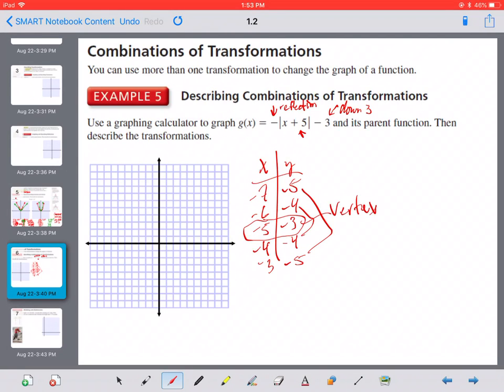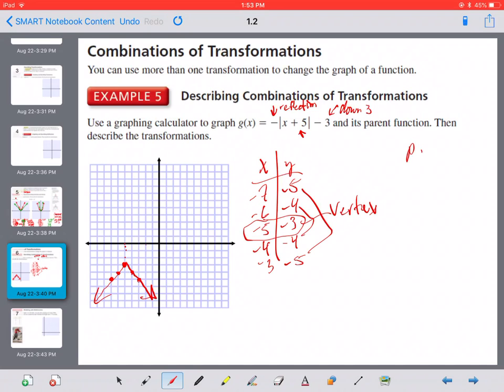So this one right here is my vertex. So 1, 2, 3, 4, 5. 1, 2, 3 starts down here. -6 was at -4. -7 is at -5. -4 is at -4 and -3. So my graph is down here.